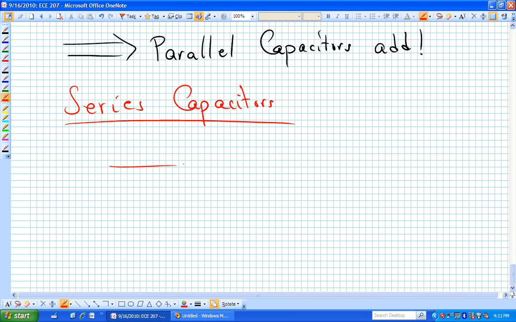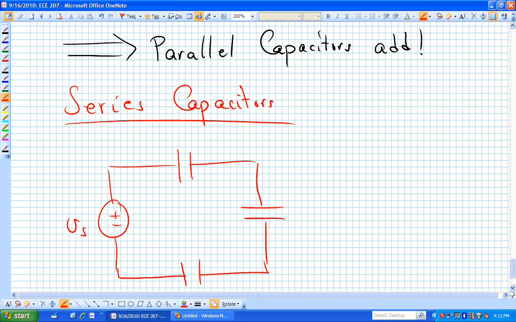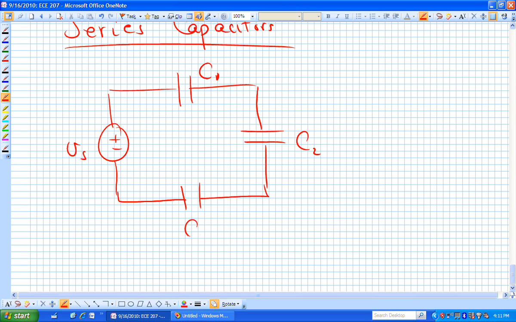For capacitors in series, let's just have this loop with the top capacitor being C sub 1, the vertical capacitor C sub 2, and the bottom horizontal capacitor C sub 3.